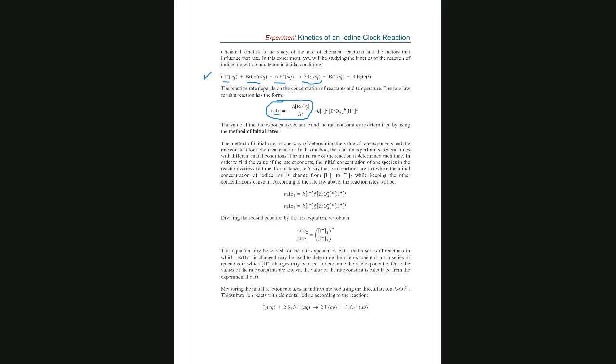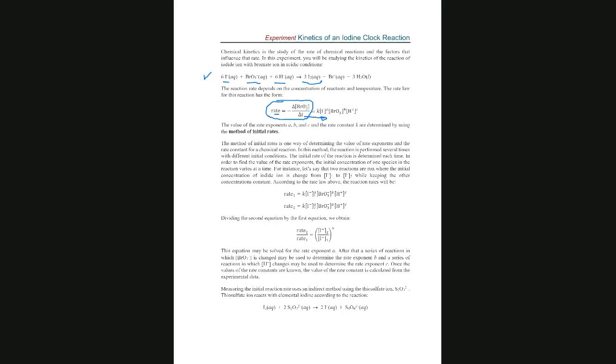And how are we going to measure the rate? We are going to measure the rate by measuring the time. In our case, we will go over shortly the time from 0 until the time that the first blue, which is the color of the iodine with starch, appears.